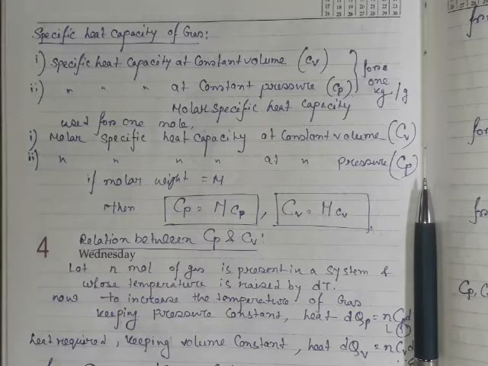So molar specific heat capacity is defined like this: 1 mole of gas is heated by 1 degree centigrade keeping the volume of the gas constant, and the amount of heat required is called the molar specific heat capacity at constant volume. And the same thing at constant pressure is called molar specific heat capacity at constant pressure.